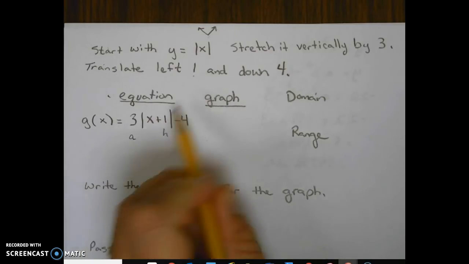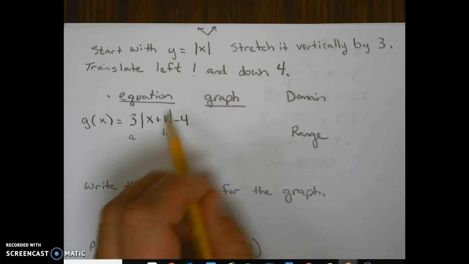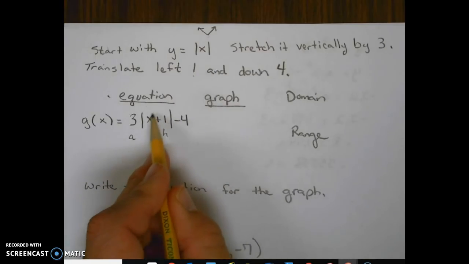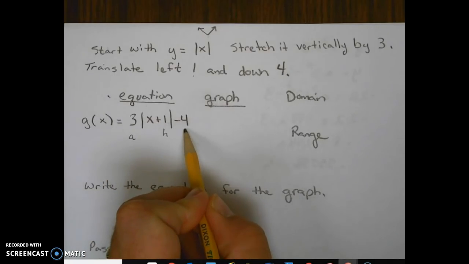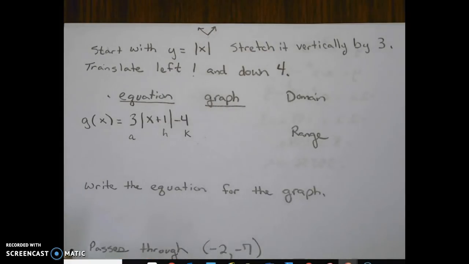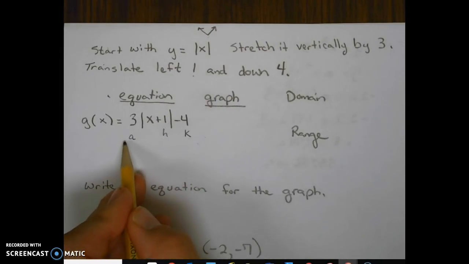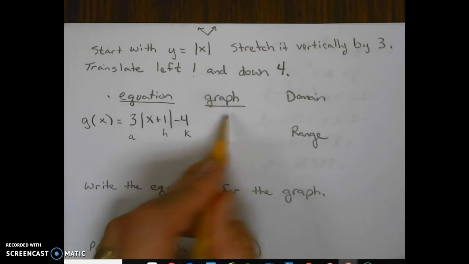So in this case, my h value is actually negative 1 because we're going to the left. I know it says plus 1, but remember it's always the opposite inside here. And then it's translated 4 units down. And these are the letters we use on our poster up in the front of the room for vertex form for quadratic function. So let's go ahead and graph this.